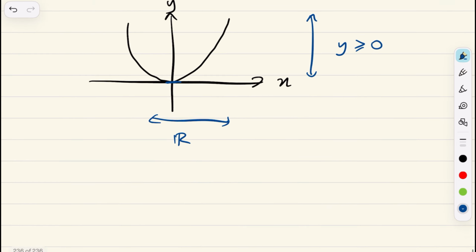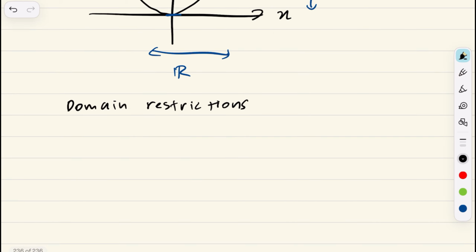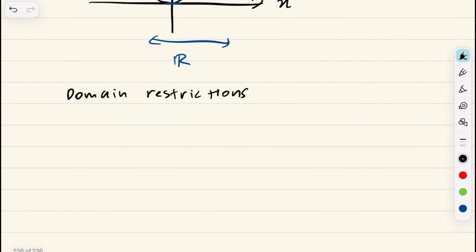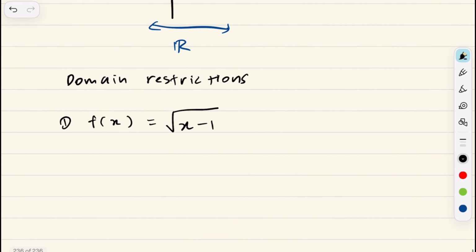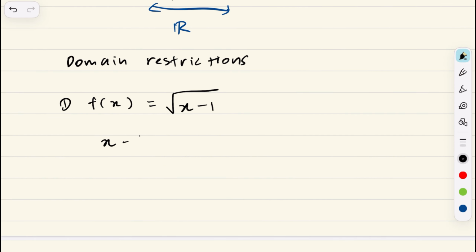Next, let's look at something called domain restrictions. Sometimes the rule of a function restricts which values of x are allowed. Let me give you two examples. The first one is when we have a square root. So let's say f of x equals the square root of x minus 1. Now, as you know, a square root can never have a negative number. This x minus 1 within the square root has to always be greater than or equal to 0.